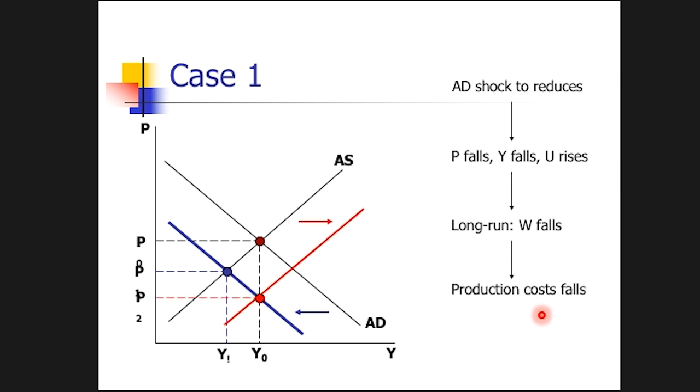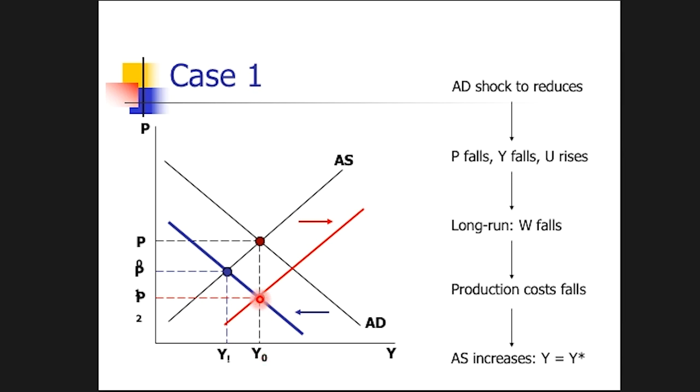Because of higher profit, firms will increase their production and shift AS to the right. So finally, the increase in AS will increase the output step by step. And finally, we have the final increase at the potential output.